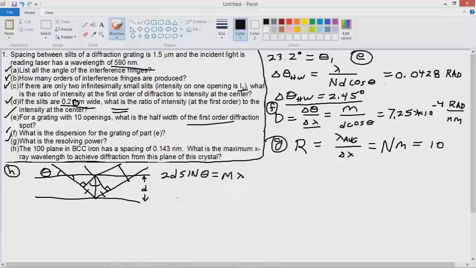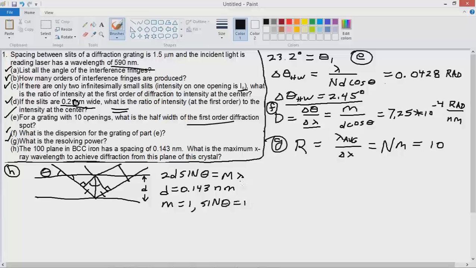And the question here is, if d is 0.143 nanometer, a fraction of a nanometer, typical for crystallography, and m equals 1, and sine of theta can be at most 1. What is the maximum wavelength?